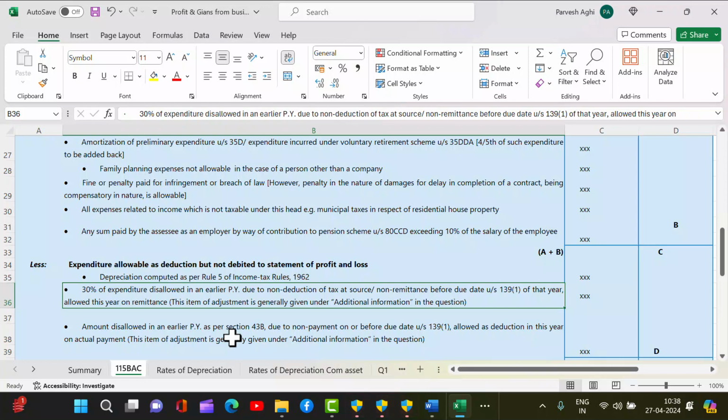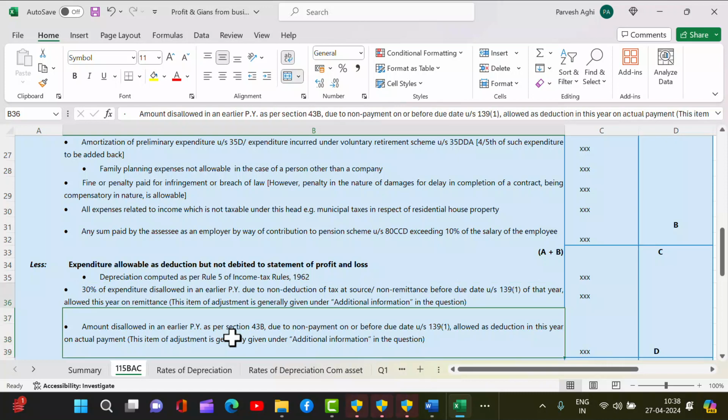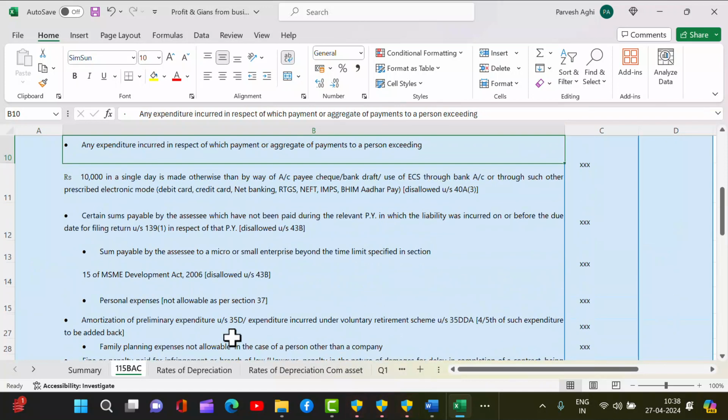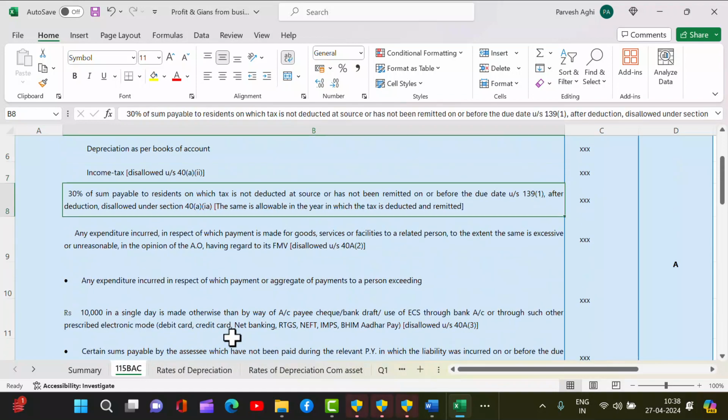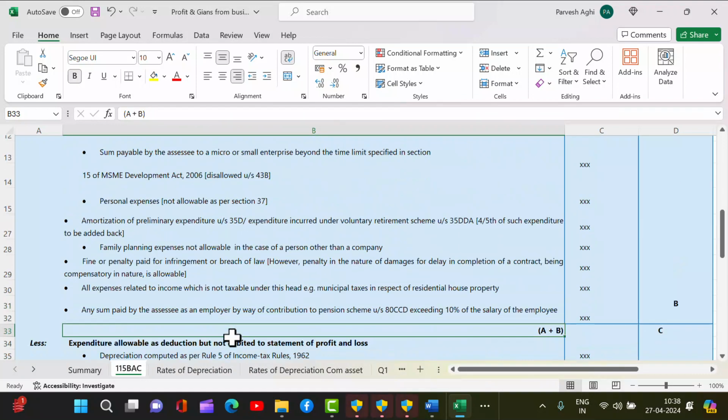This item of adjustment is generally given under additional information in the question. Now here we have seen that 30% was disallowed. Now in the next year you have paid it, so next year it will be allowed.